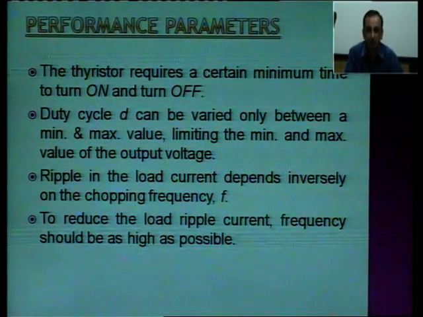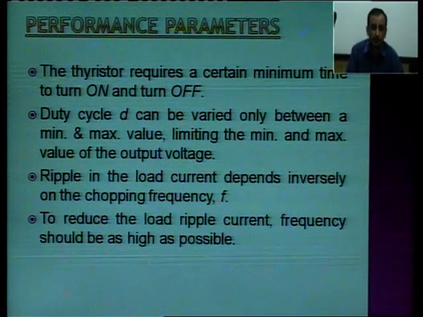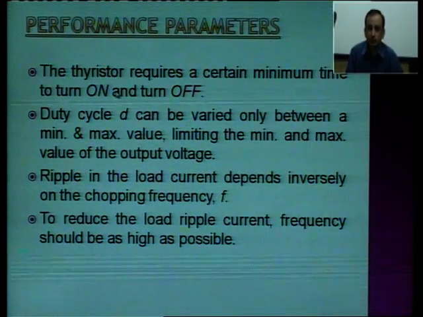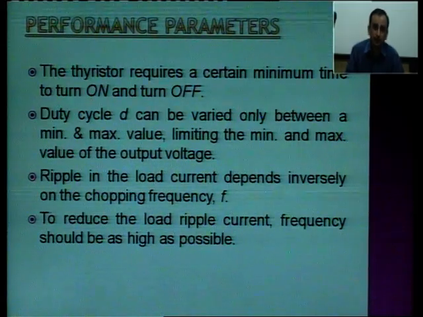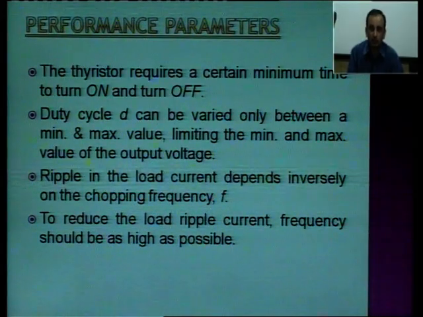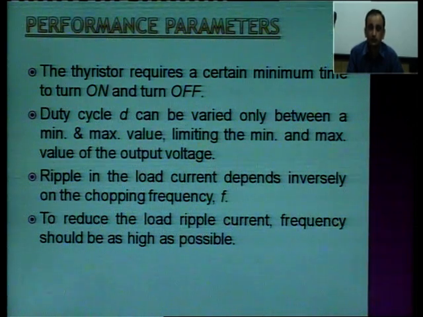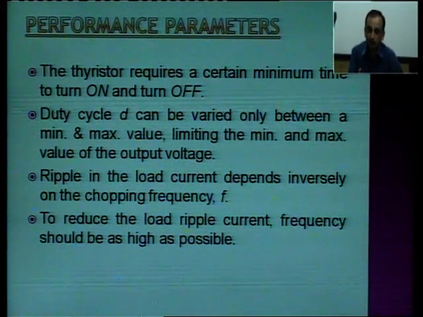The performance parameters on the basis of which we evaluate the chopper: first is the thyristor's performance. It can be a thyristor or any other switching device, but thyristor is the main device used for making choppers. It requires minimum turn on time and turn off time. It is required that the thyristor has some minimum current, what we call the latching current and holding current, if you are familiar with the terms.